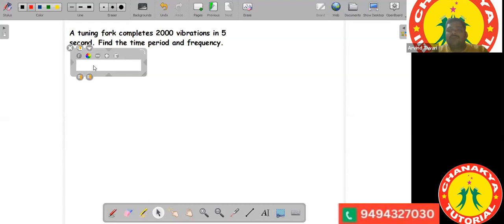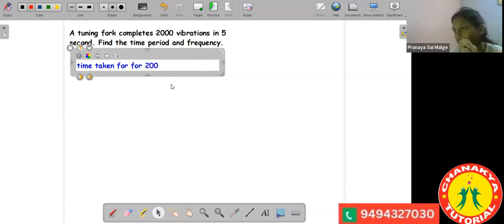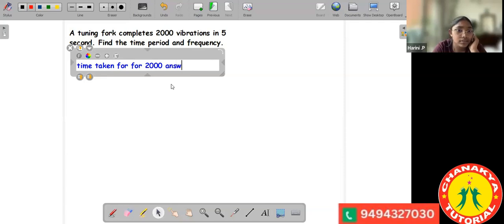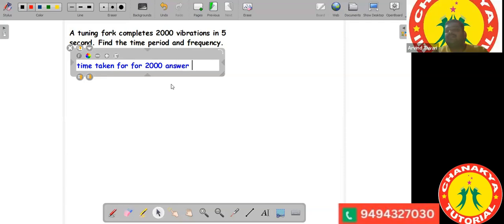So 400, what will be the unit of the time period? Yes, Harini, what will be the unit? Pranaya, did you get the answer? So will it be seconds? Yeah, it will be second, since you are finding the time period, and time will be second.